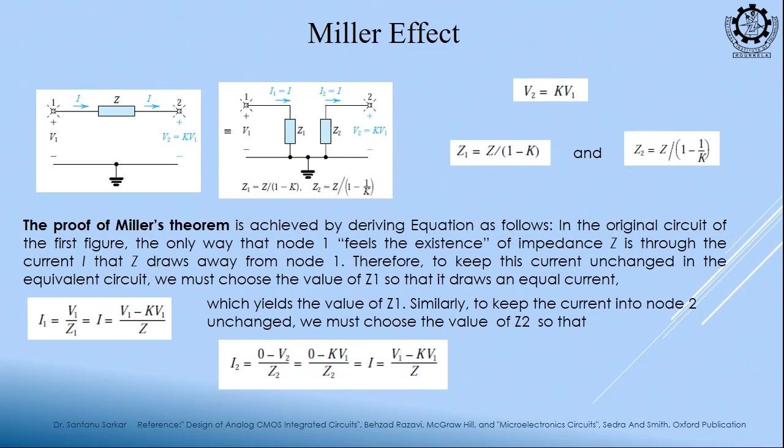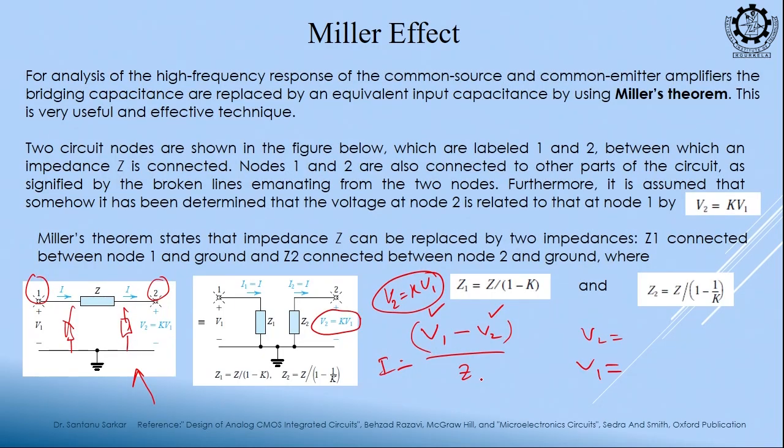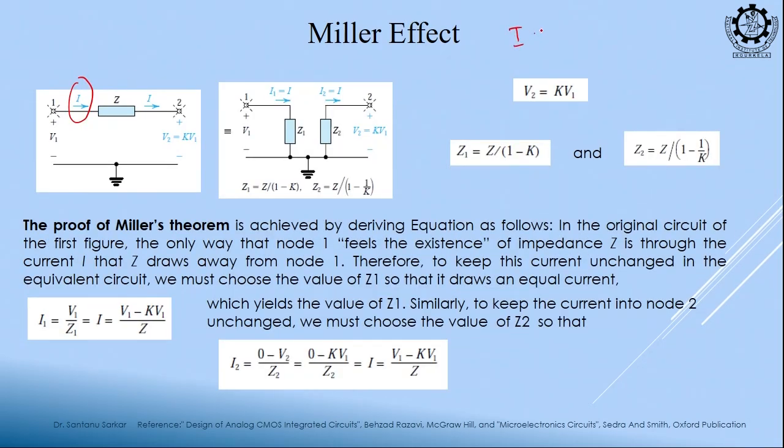So, what will we try to do? We will try to find out the current I. What is current I? V1 minus V2 by Z, right. So your I is equal to V1 minus V2 by Z. What is your V2? K V1. So, replace that: V1 minus K V1 by Z. Take V1 common, 1 minus K by Z. So this is your current.